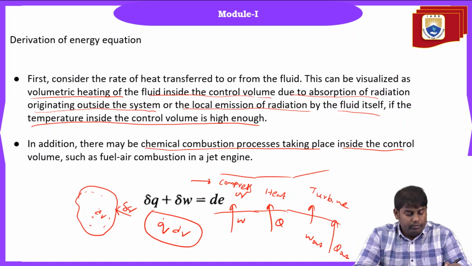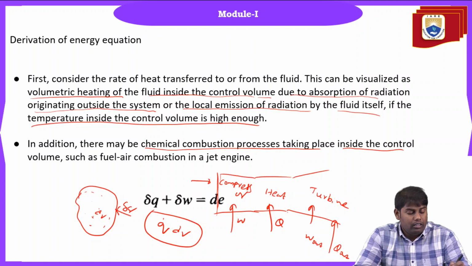So what is happening actually? When you take any engine, turbojet, turbofan, turboprop, turboshaft, ramjet, scramjet, whatever air is going from the static atmosphere or the free stream will enter the inlet.